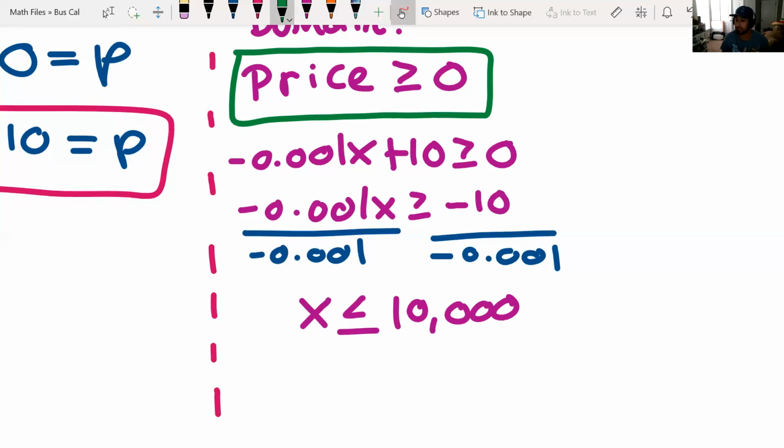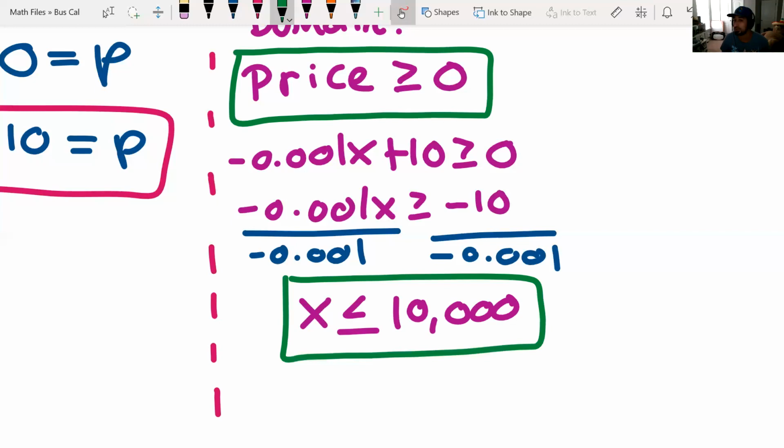Price had to be greater than 0. And now, well, we can't price them at 10,000 headphones, but price has to be greater than 0, and we have to stay less than or equal to 10,000. So this is finding the domain of the function.